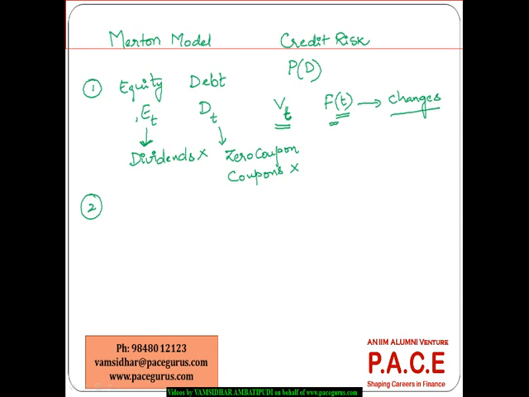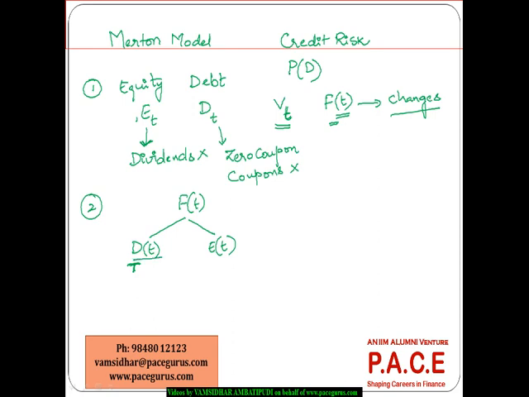Then what we are seeing is, okay, the total value of the firm, some portion of it which is in the form of debt is in the form of a zero coupon bond with a maturity which is equal to some t, and the remaining portion of it is constituted in the form of equity.